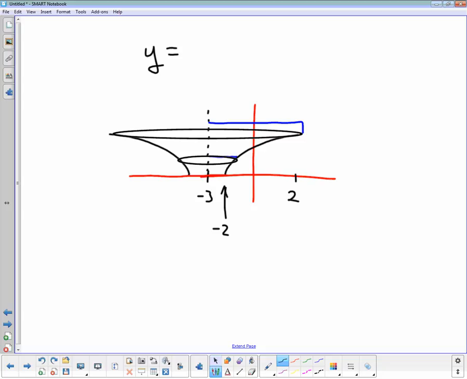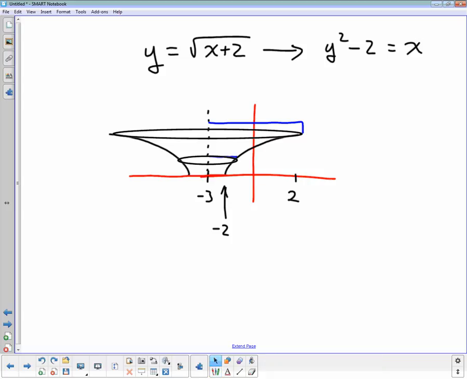Y equals the square root of x minus 2 plus 2, which goes to y squared minus 2 equals x. Right?